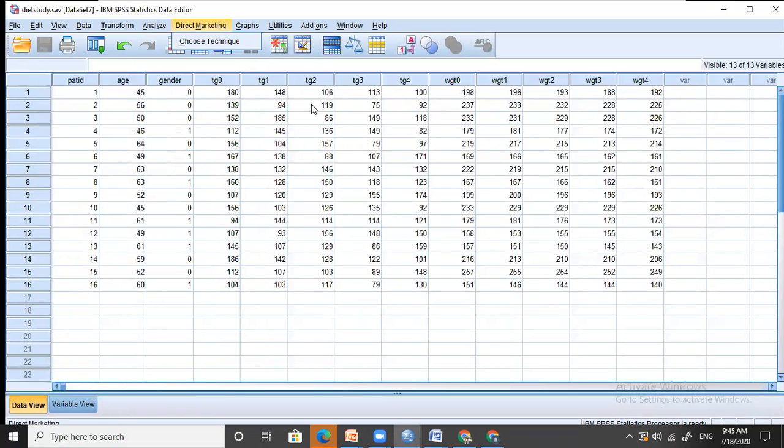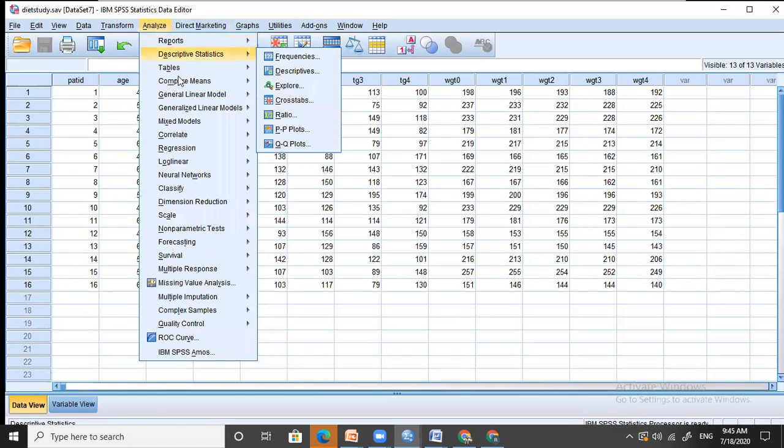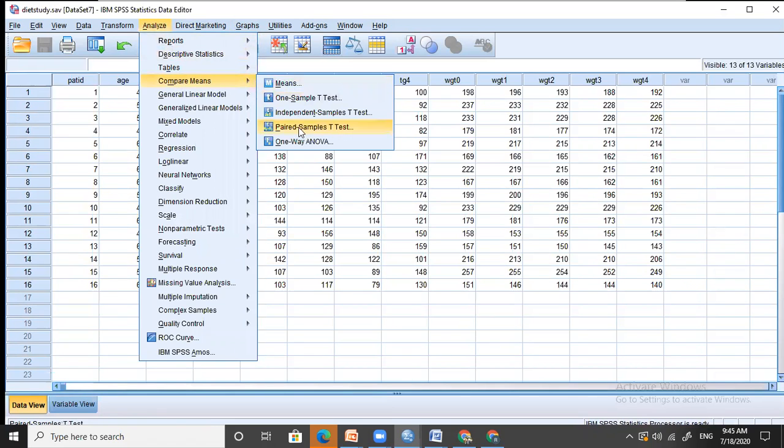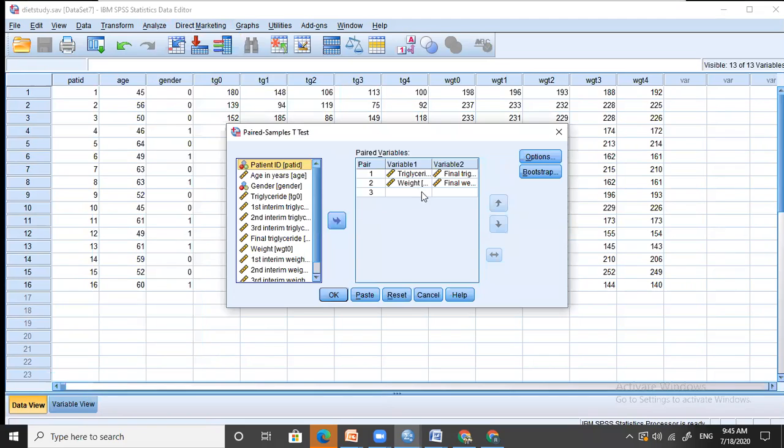So we want to know whether there is a significant change in their triglyceride level and weight or not. I will go to Analyze, Compare Means, Paired-Samples T Test, put triglyceride and final triglyceride over here, then weight and final weight over here, right? Press OK.